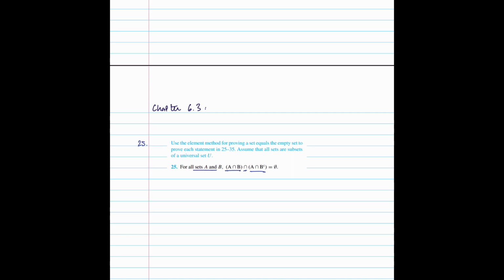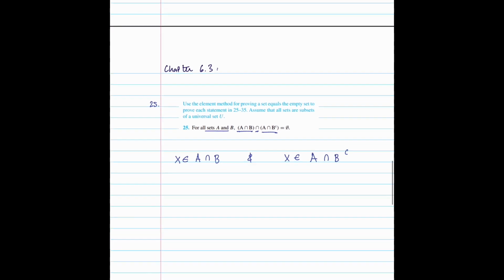So when we look at this, it's basically saying x is an element of A and B, and also x is an element of A and B complement.